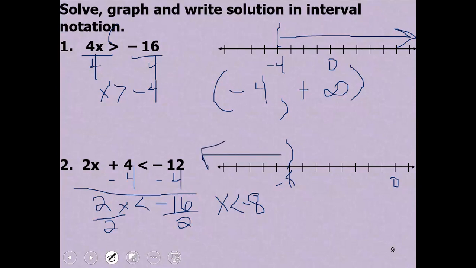Remember, left is less. So my interval notation, when I have a line going off to the left like this, that's indicating negative infinity to negative 8. My inequality says don't include that point, so I use a parenthesis like that.